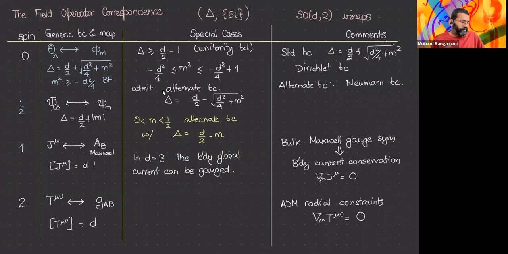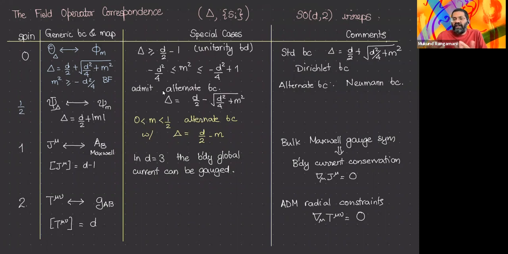What Jayandi is asking is, if I have a bulk Maxwell theory, then that bulk Maxwell field comes with a gauge invariance. That gauge invariance is not visible in the boundary. What is visible is a boundary component of it, like with any gauge symmetry on a space with boundary. That gauge symmetry becomes a global symmetry. That's the current which is conserved.